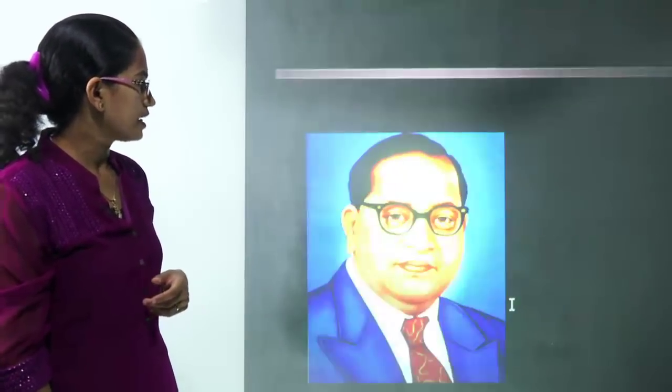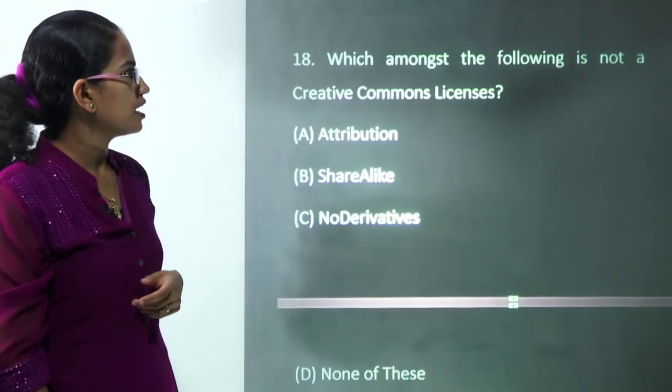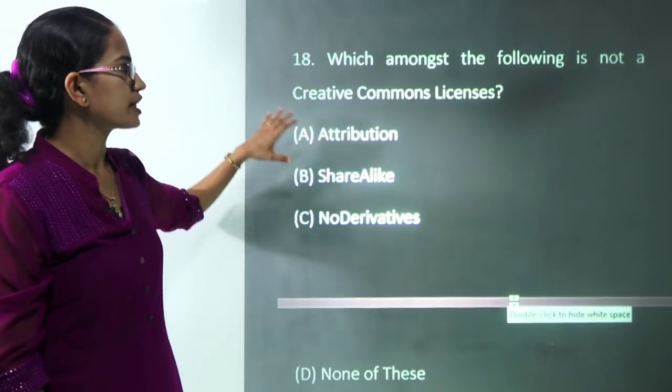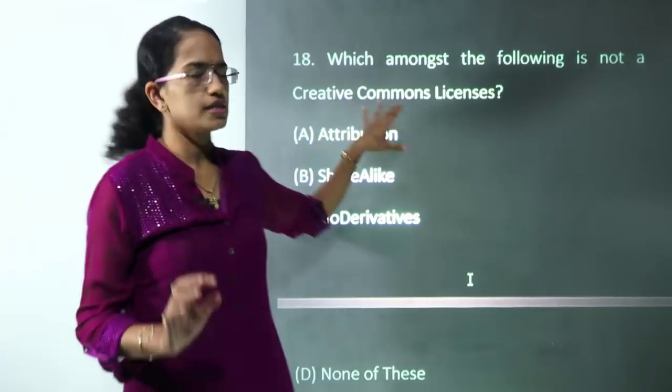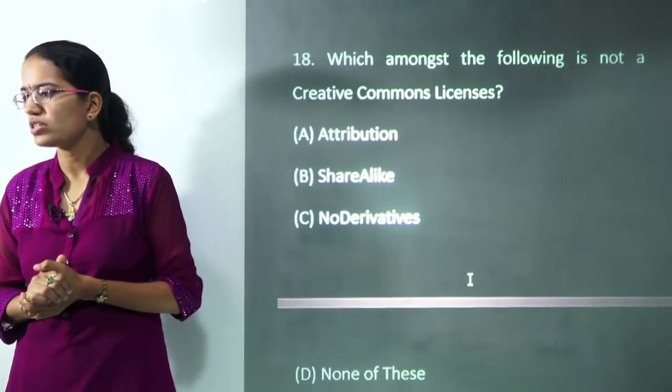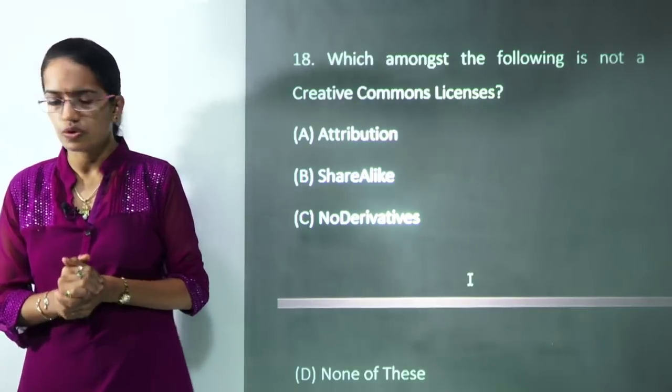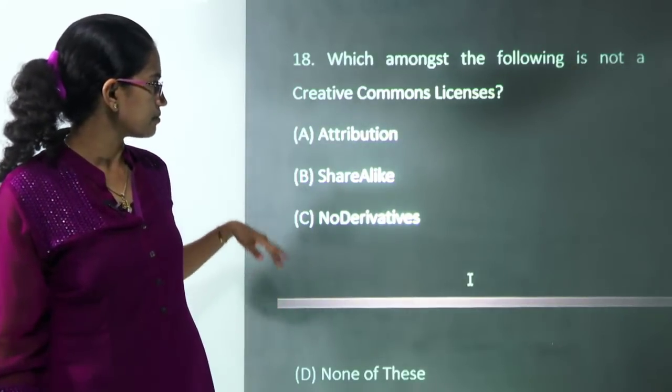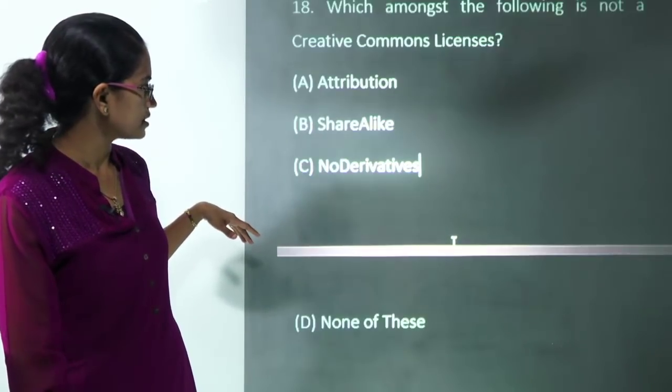Okay, question number 18. Now, which among the following is not a Creative Commons license? This is a topic that comes both under computing and political science. So again, it was important. Just look at the choices and tell me what you think would be the correct answer here.